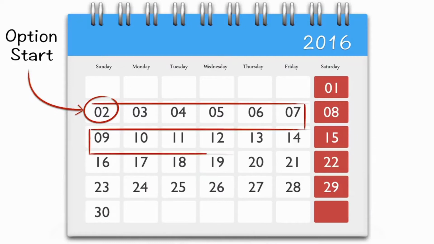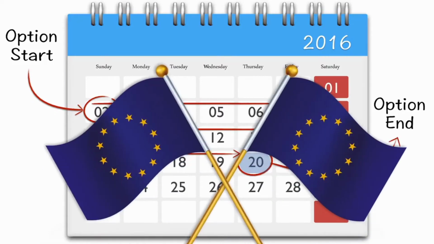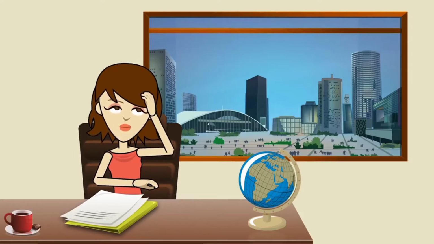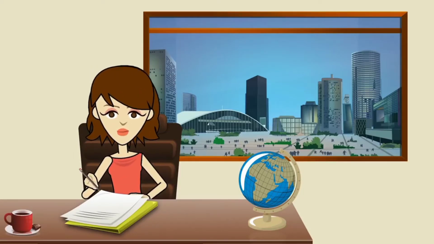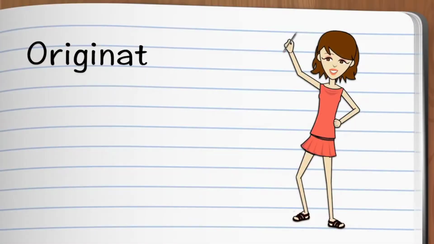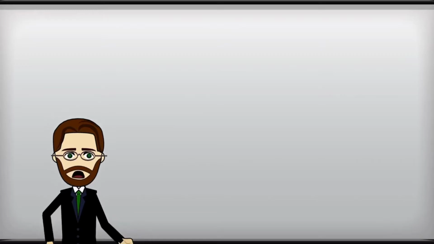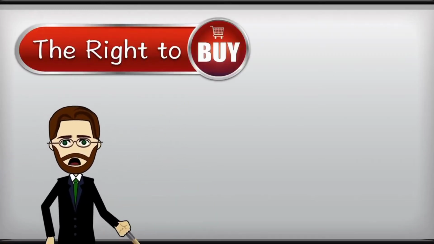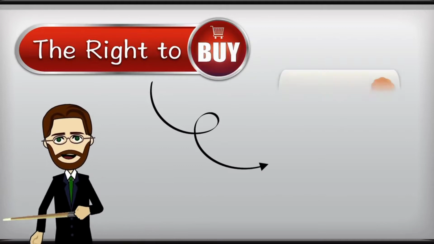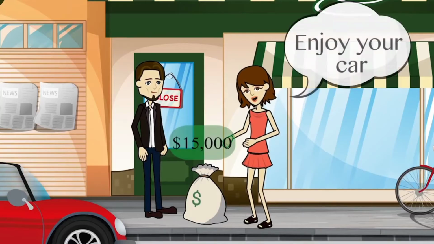Options that can be exercised only at the end of the period are called European. The person taking upon himself the obligation, in our case Jane, is also called the originator, option writer, or option seller. The technical name of an option that involves the right to buy an asset at a price is a call option. In our case, Jane sold a call option to Bill.